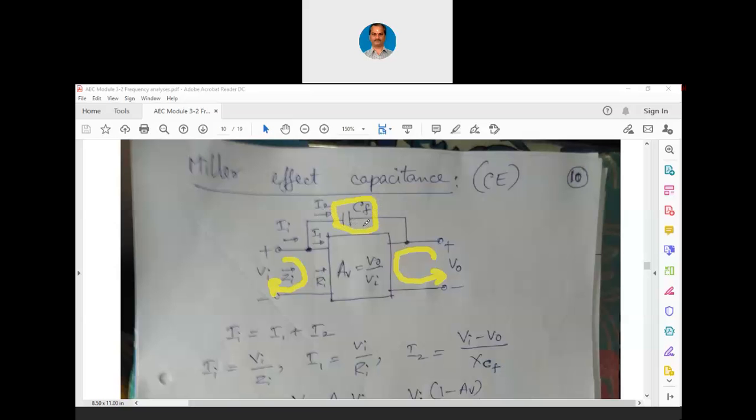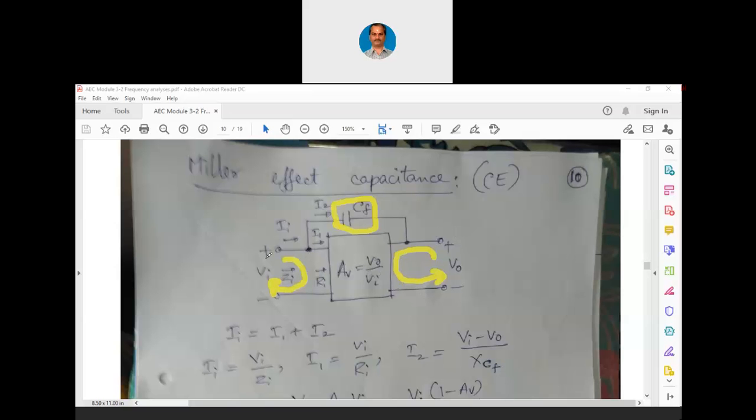Somehow we should have some expression in which part of the Cf comes to the input and part of it comes to the output. If that is coming that way, then we can represent the portion of Cf at the input and apply KVL there, or any network related laws there. Similarly, if Cf is represented at the output, then we can apply all the network analysis laws there.